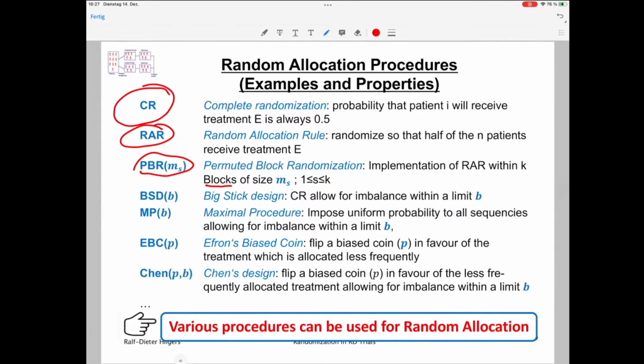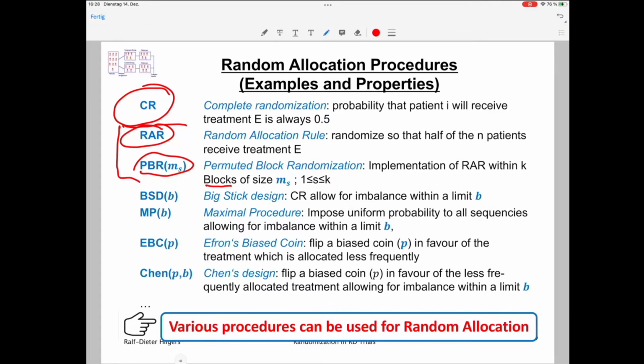So of course you get 10 blocks of size 10, and after each block you have balance, the same number of treatment allocations to A and B. Of course, a block size of 10 makes 5 to A and 5 to B. So this is the rule where a strict final balance, so at the end of the randomization, is implemented. There are other possibilities where this property is relaxed.